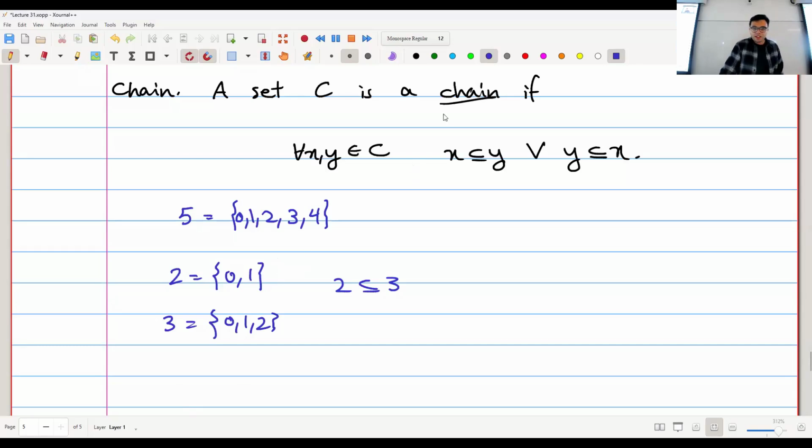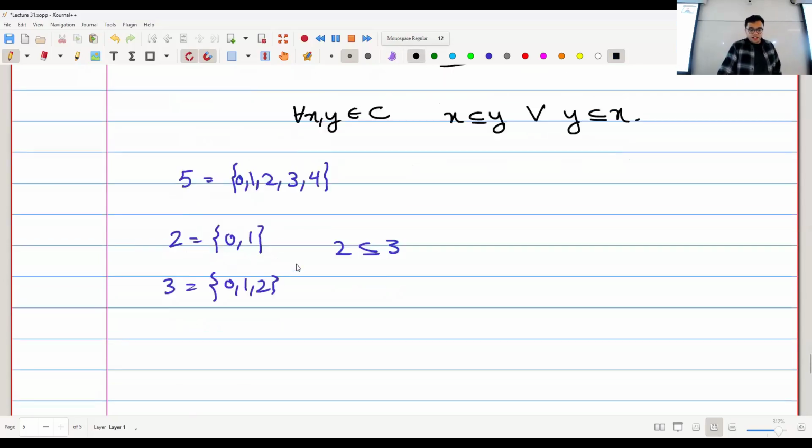The other thing is that I want to define a maximal element.